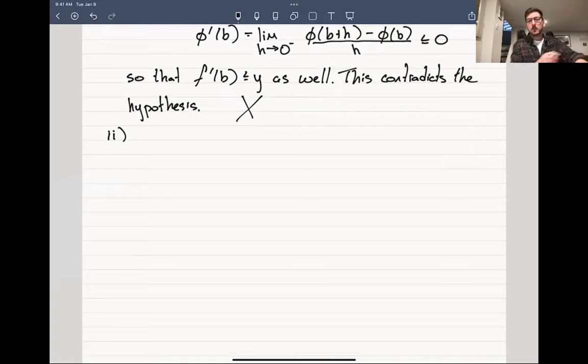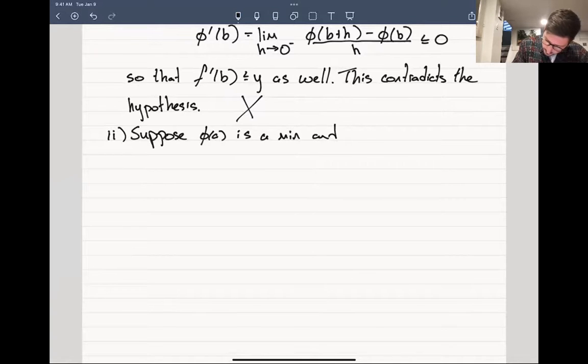Well, the next case is if you reverse these things. So you say, suppose phi of A is a min and phi of B is a max. Then just proceed as in the same case.